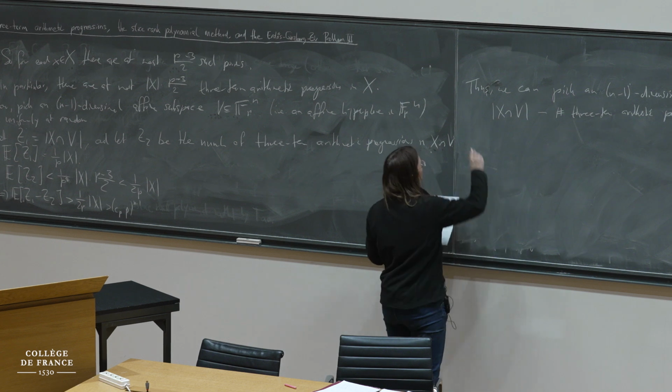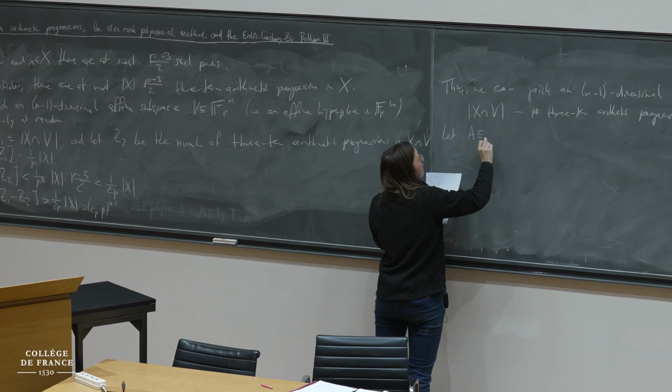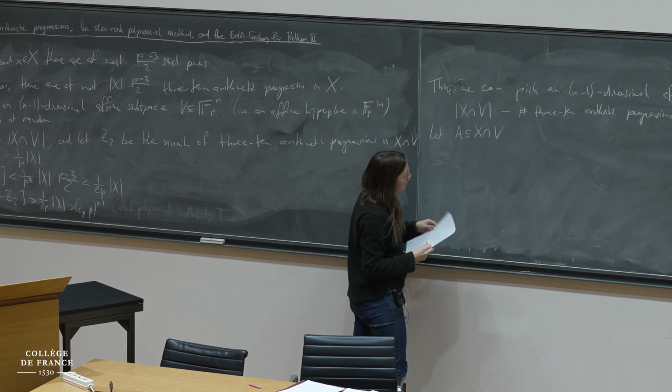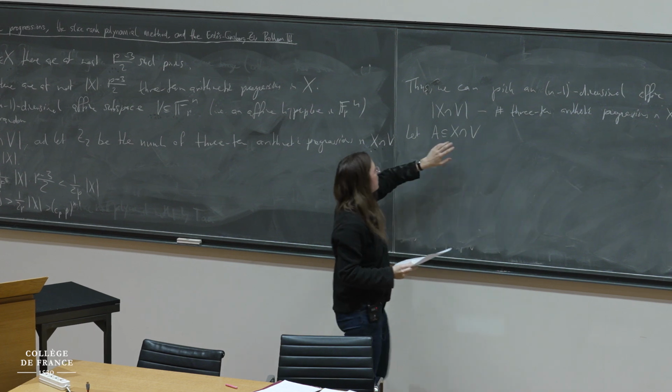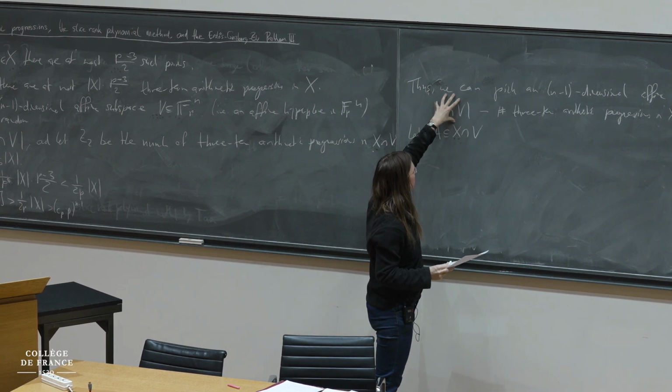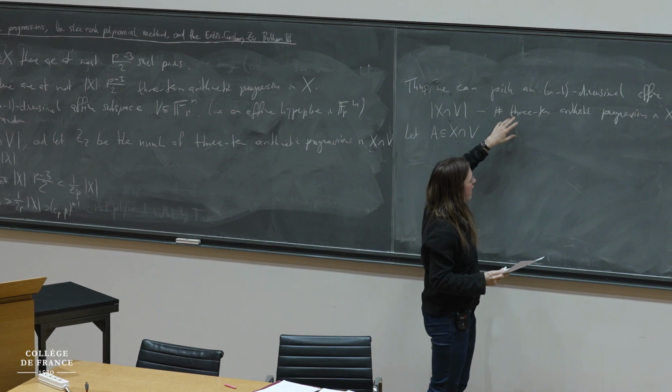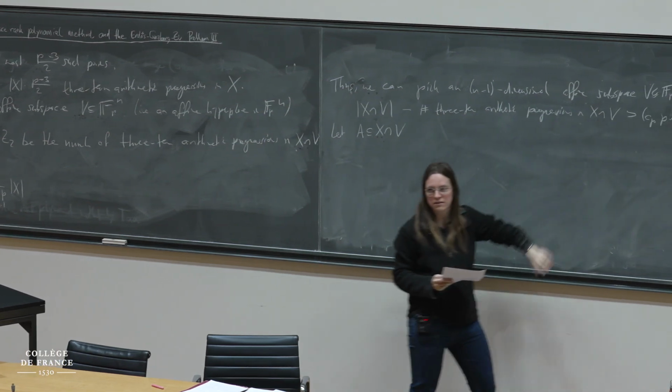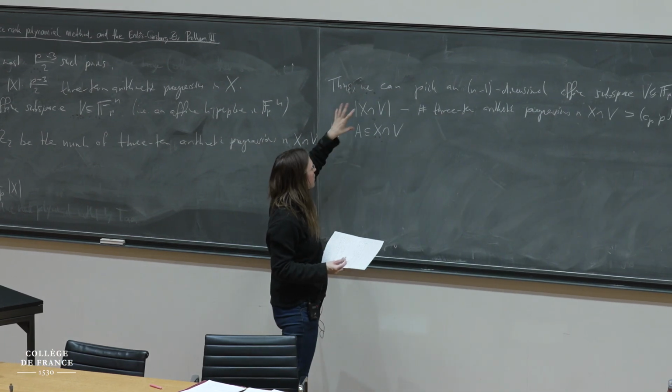But now, let A be a subset of X intersect V. So we pick that particular V, and now we look at X intersect V, which has this size. For every three-term progression in X intersect V, let's delete a point from that set.